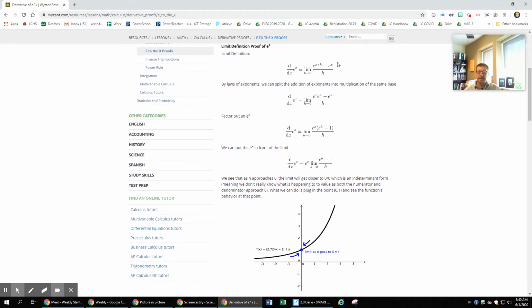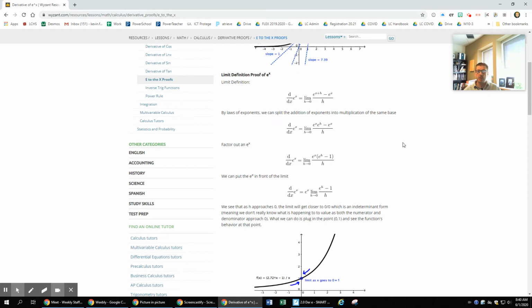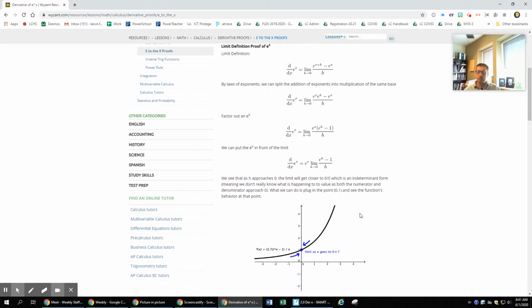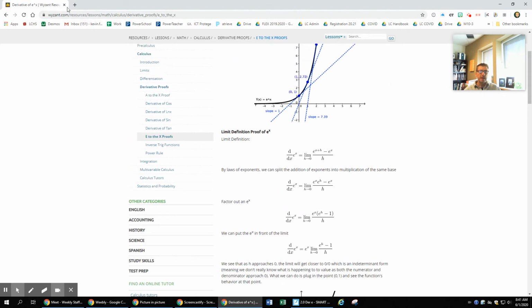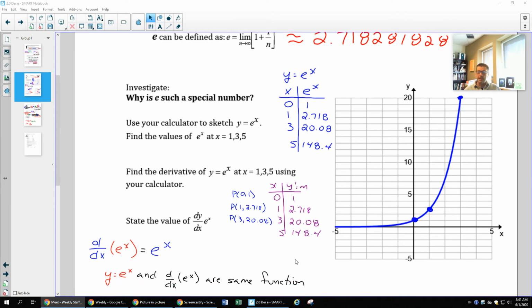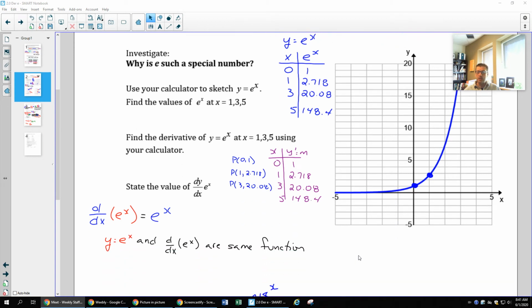You can kind of see how they used some of your laws of exponents to simplify the expression. And we didn't prove that (e to the h minus 1) over h approaches 1 as h approaches 0. That's not a proof of ours, but you can kind of see by the graph, if you graphed (e to the h minus 1) over h, that you get this function here. So anyways, there are lots of ways to justify why the slope is what it is.